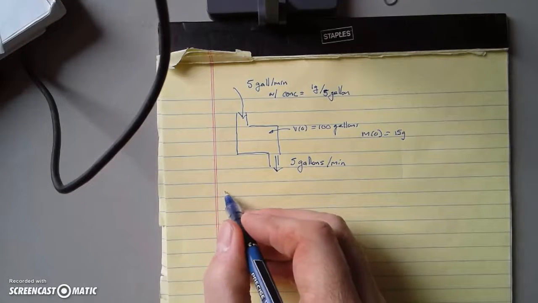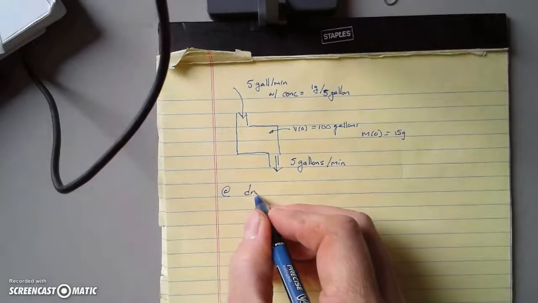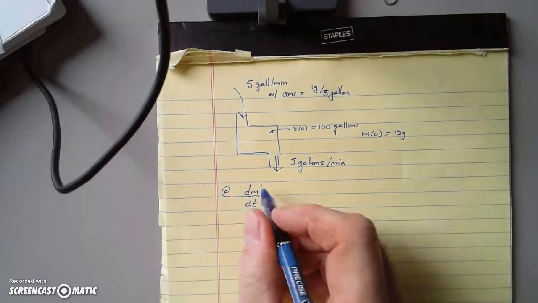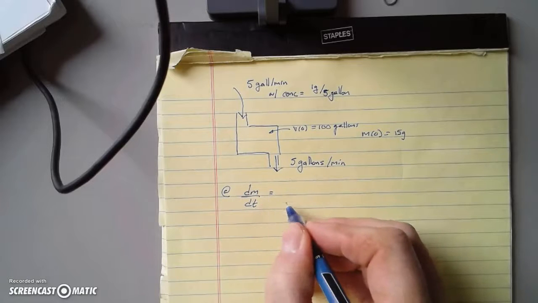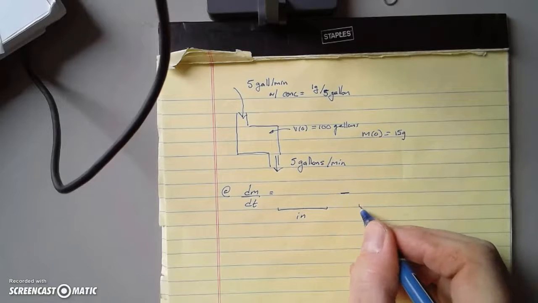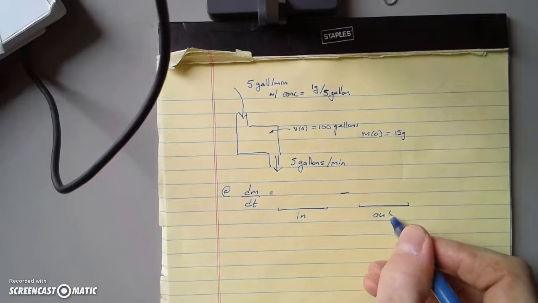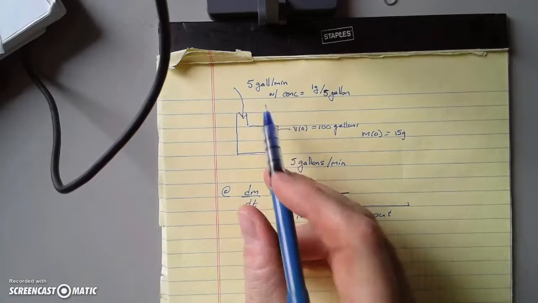The first question is to set up the differential equation for m. So dm/dt, the changing mass of salt in the tank, is the in versus the out. There's stuff coming in and stuff going out. What's coming in? Well, we have 5 gallons a minute.